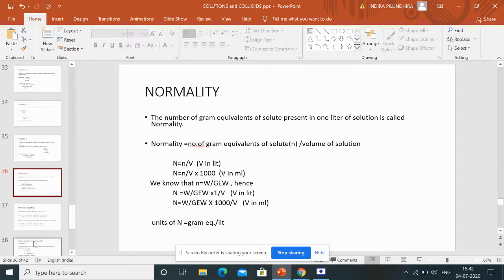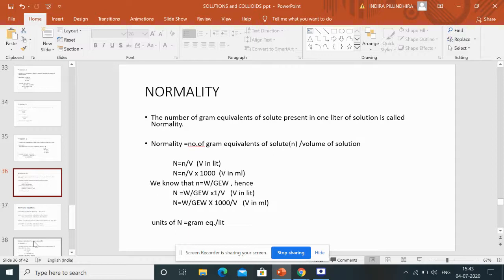Likewise, we need to calculate the equivalent weights. Now, the normality expression is N is equal to W by GEW into 1000 by V, because the term 1000 is introduced here since the volume is expressed in ml, and 1 liter is equal to 1000 ml. The units here are gram equivalents per liter.